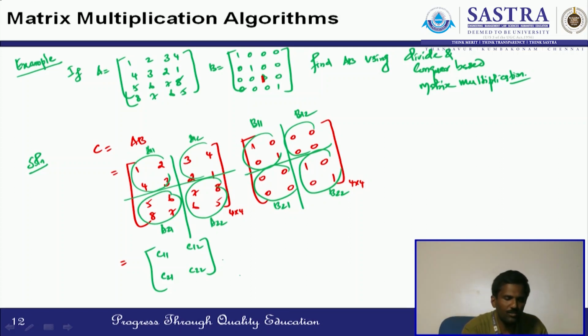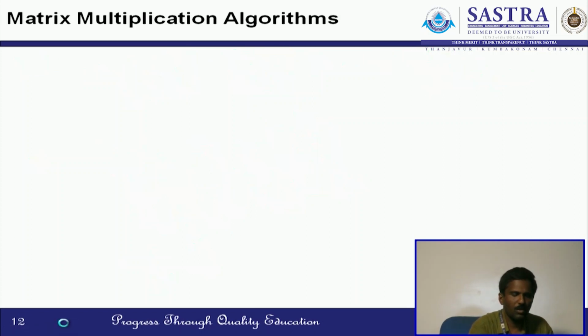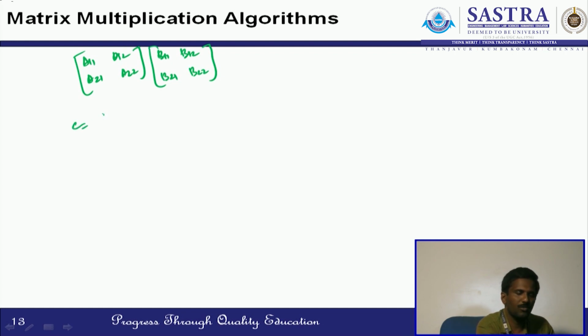So how to find C11? C11 is obtained using normal matrix multiplication. If this is A11, A12, A21, A22, and B11, B12, B21, B22, then C11 is obtained as the product of first row and first column, A11 B11 plus A12 B21.